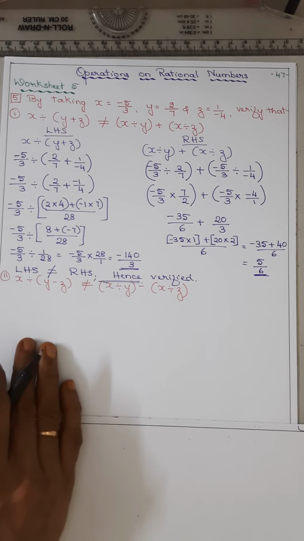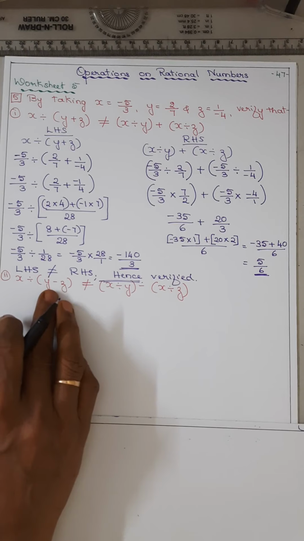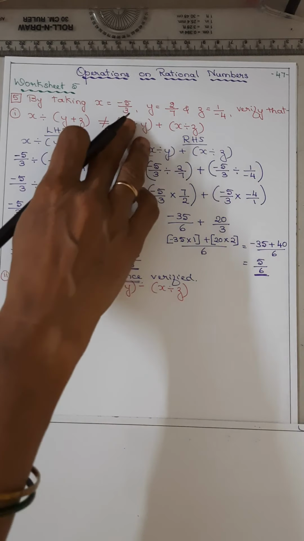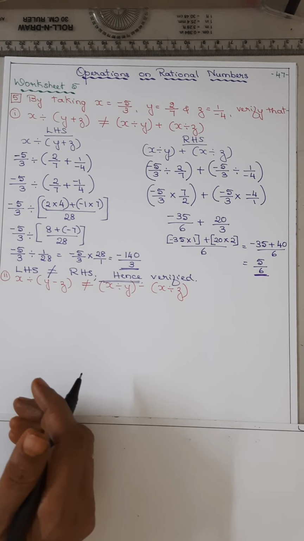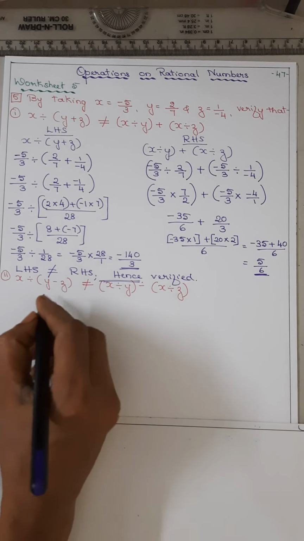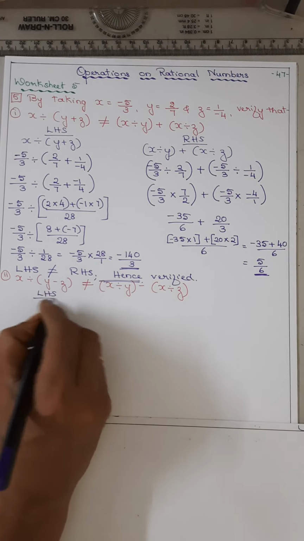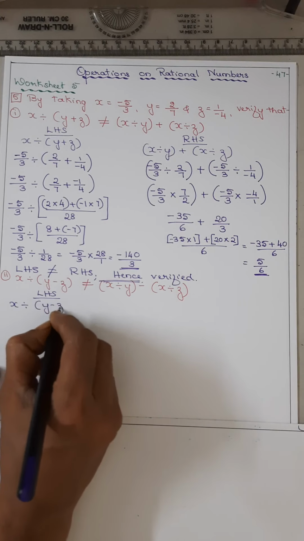Now coming to the second sum, the same, but here it is minus. Okay, and the values you have to take the same. So it will be LHS, RHS. What is given in the LHS? Right. So LHS, it is x divided by y minus z.